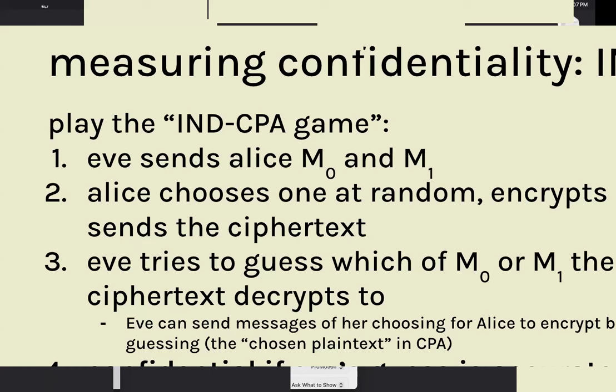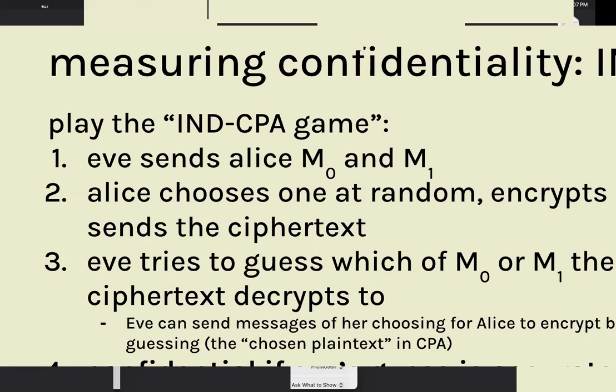And what we say in this game is that we're going to give Eve a lot of power because we want to construct a strong scheme. So we will let Eve choose 2 messages of her choice, let's say M0 and M1. Alice will pick one of those messages at random, and she will encrypt that message and send the ciphertext back to Eve. If Eve can guess correctly which of those 2 messages was encrypted by Alice, then Eve wins the game. Otherwise, she loses the game.